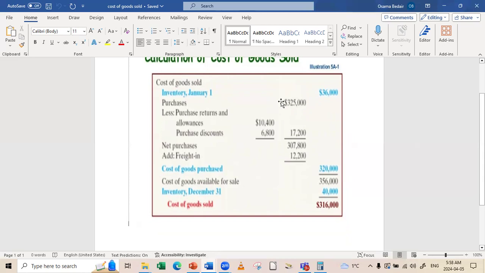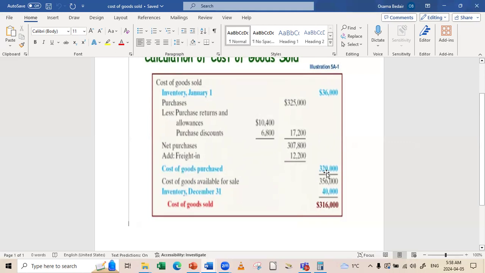So the purchases are 325,000, minus the allowances, 10,400, minus the purchase discounts, 6,800, plus the freight in, 12,200. Both deductions equal 17,200. So 325,000 minus 17,200 equals 307,800, plus 12,200.